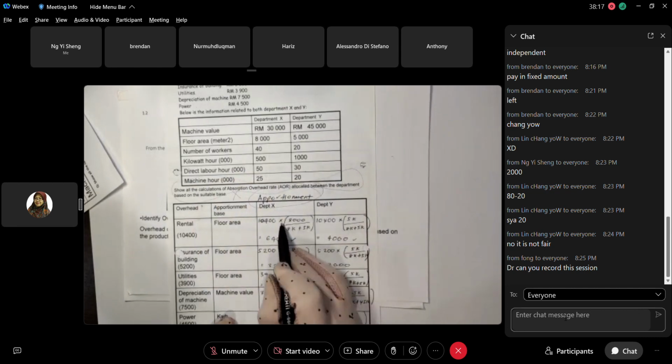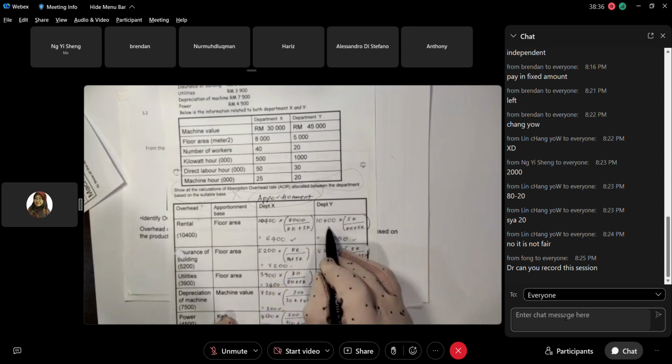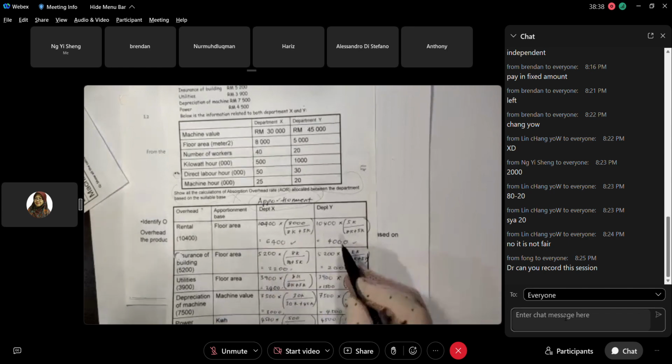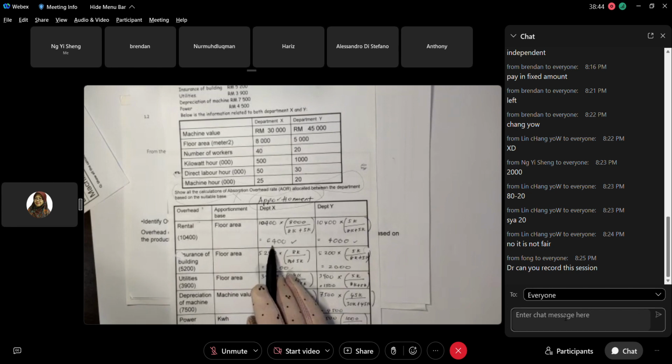You multiply by 8,000 over the total, it is about the portion. Common sense: 8,000 over 8,000 plus 5,000. The same for department Y: 5,000 divided by the total. So you will get the amount.